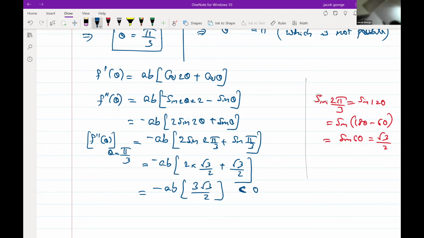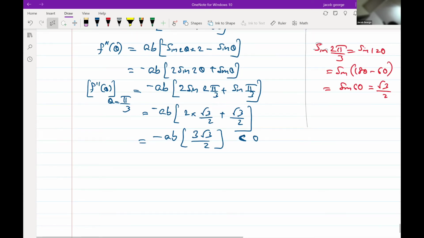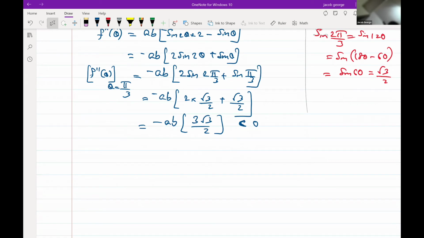Therefore, we can conclude the area of the isosceles triangle is maximum at theta is equal to pi by 3.